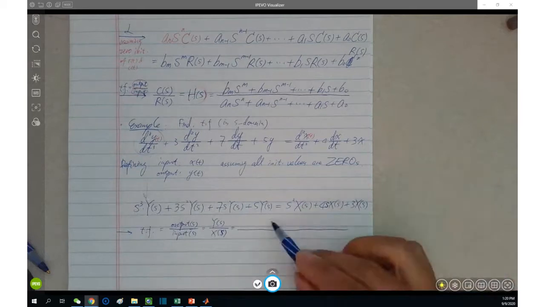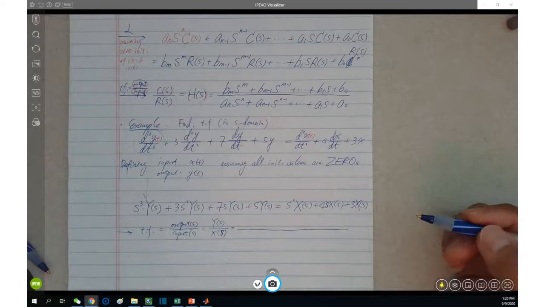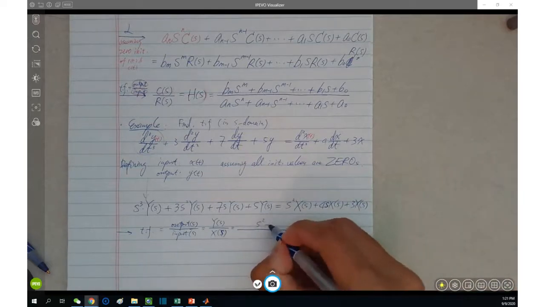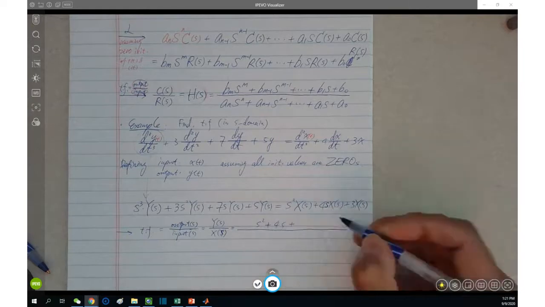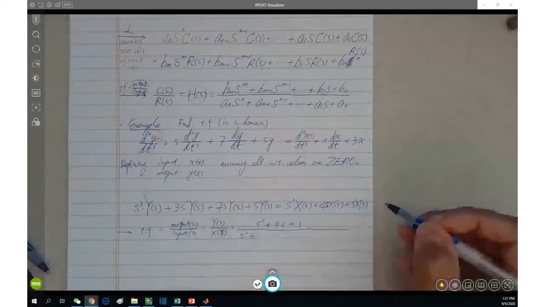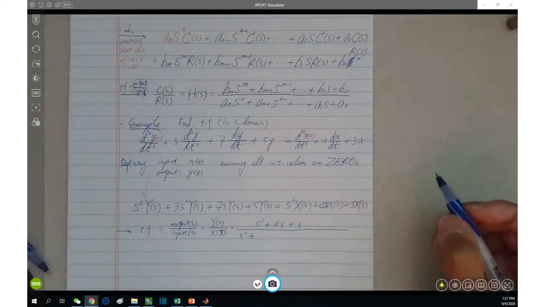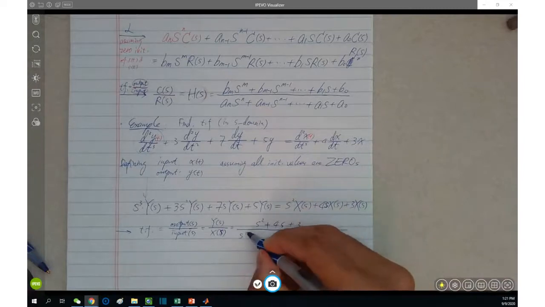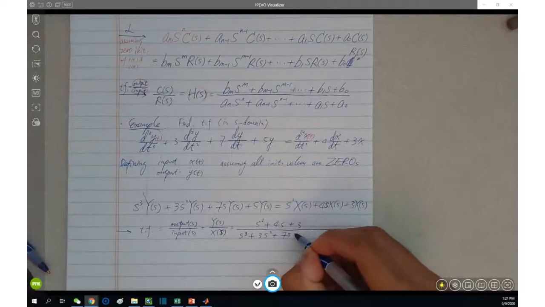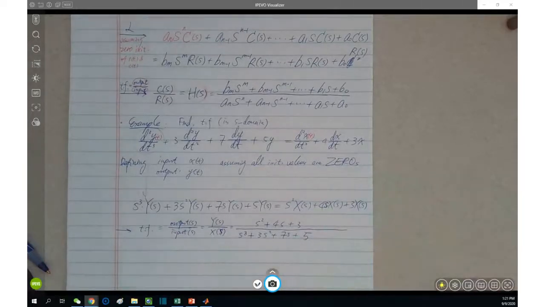Your numerator polynomial of S is supposed to be the coefficient of X of S in the equation. Therefore, it's s squared plus 4s plus 3, right? The denominator is the s polynomial as the coefficient of capital Y of S. So 3s squared plus 7s plus 5, right? So this is the result. That's the correct result.